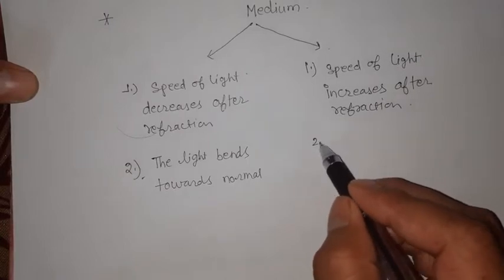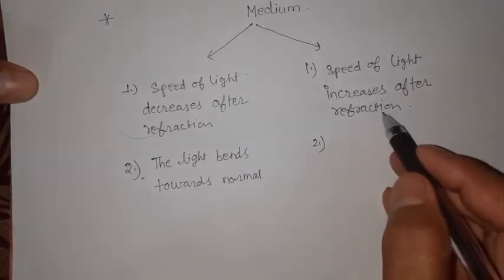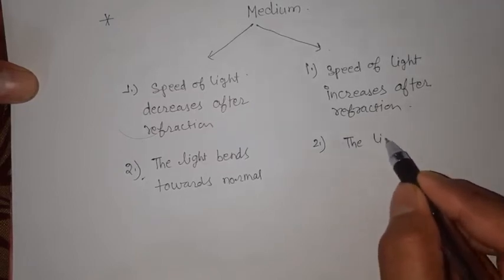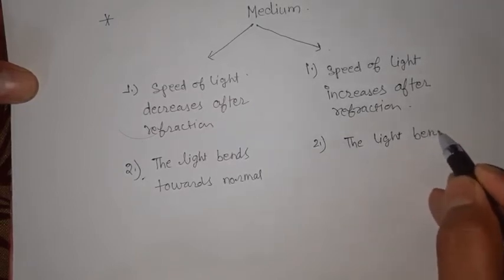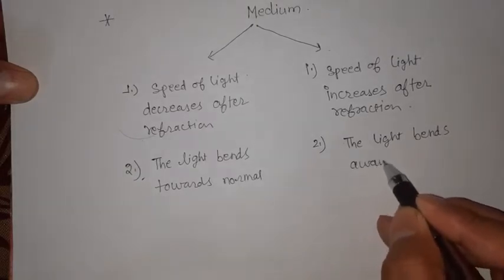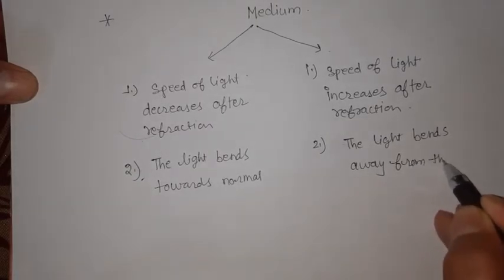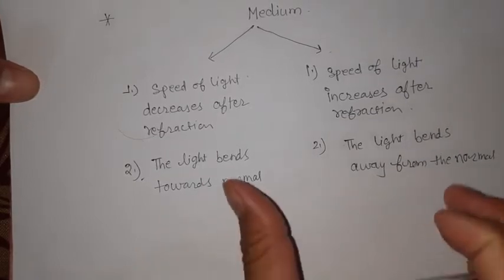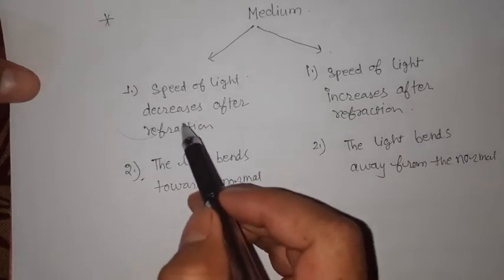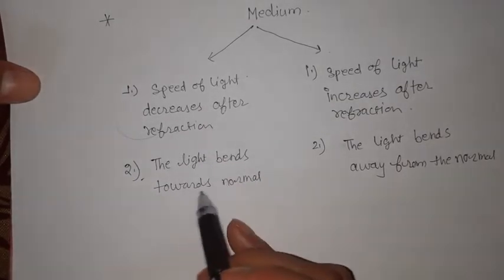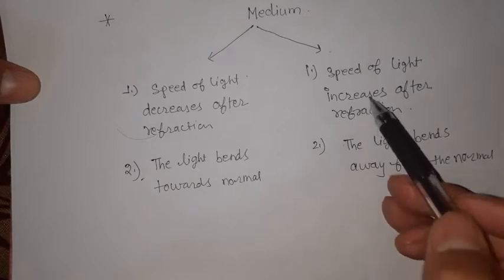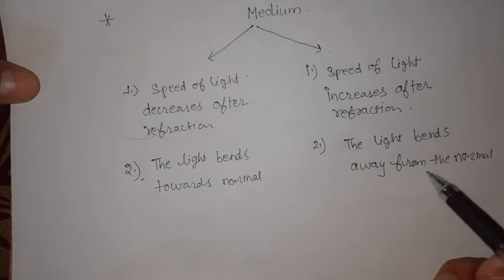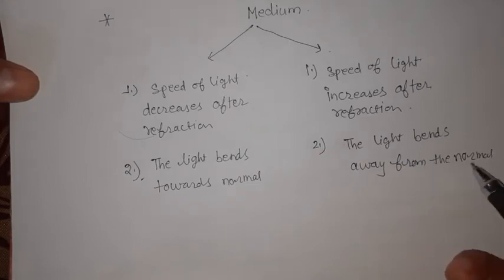While in this second type of medium, the light speed is going to increase, so therefore the light will bend away from the normal. Thus we come to know that we have two types of medium. In one, the speed of light decreases after refraction, so the light bends toward the normal, while in the other, the speed of light increases after refraction, so it bends away from the normal.